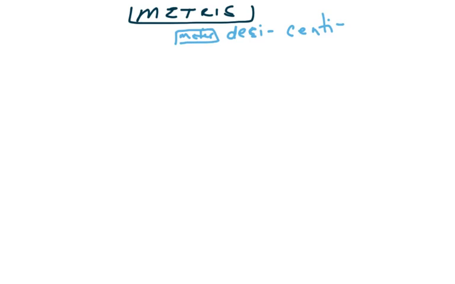Centi is the prefix that means 100. Century, there's 100 years in a century. Why is it 100? Well, if there's 10 centimeters in a decimeter and there's 10 decimeters in a meter, each of those decimeters has 10 centimeters, all 10 of them. So 10 times 10 is 100. So there are 100 centimeters in a meter, thus the prefix centi.